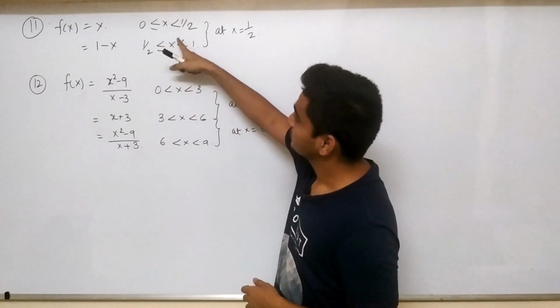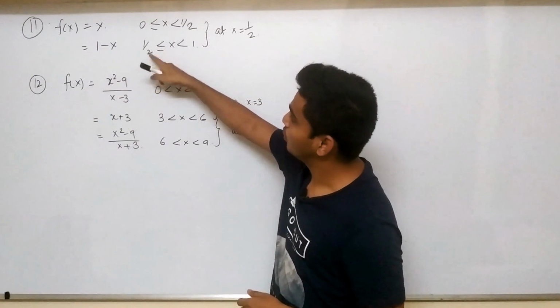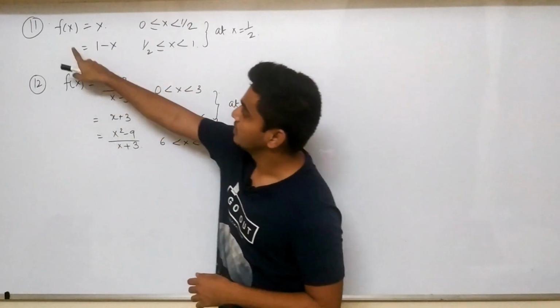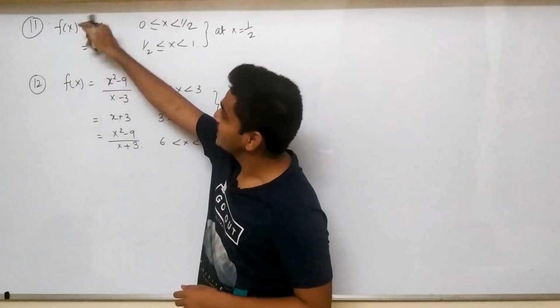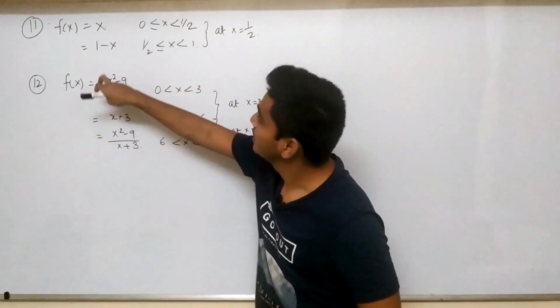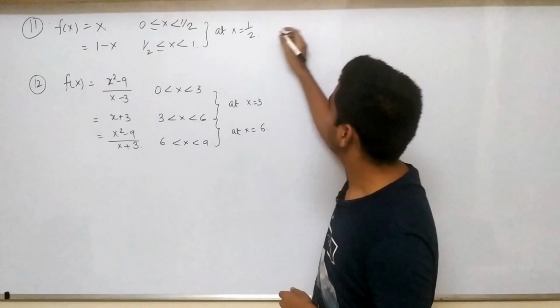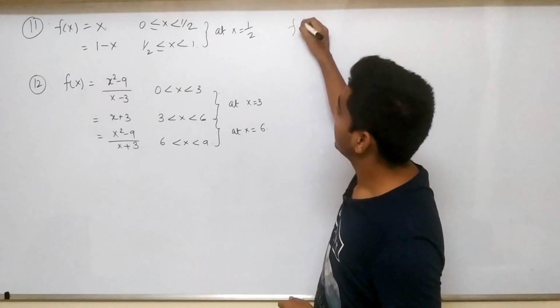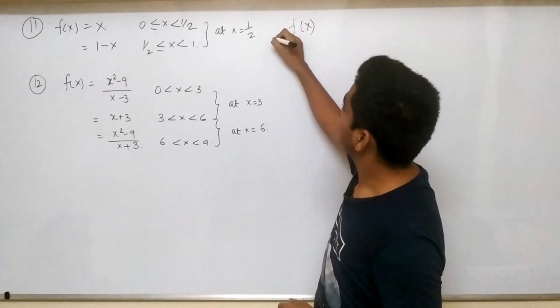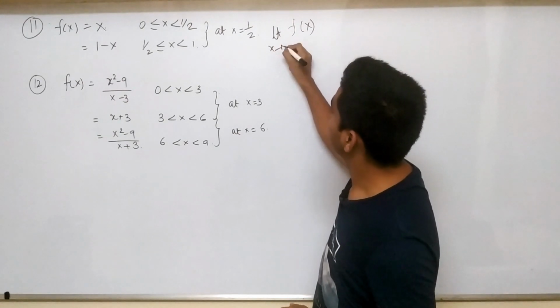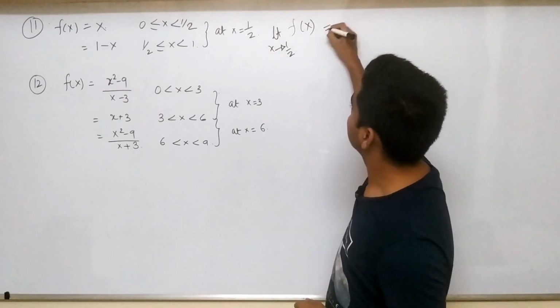In this 11th question, it is 1 upon 2 and 1 upon 2. So f of x is equal to x. If you plug in the half value, the limit of f of x as x tends to half will become 1 upon 2.